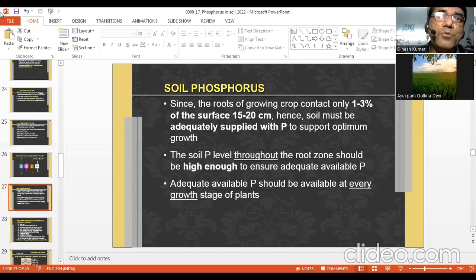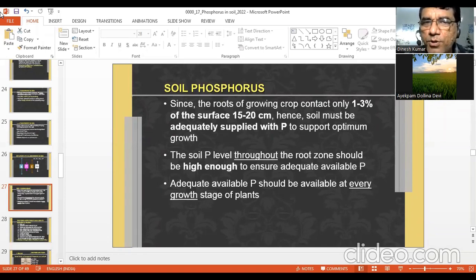Roots cannot reach the phosphorus of the whole soil. Therefore, root growth should be encouraged if you want to improve phosphorus uptake and use. Or otherwise, you place the phosphorus fertilizer near the roots, so uptake is improved.